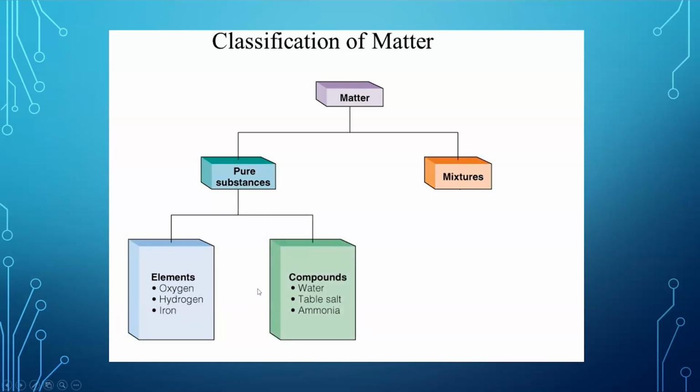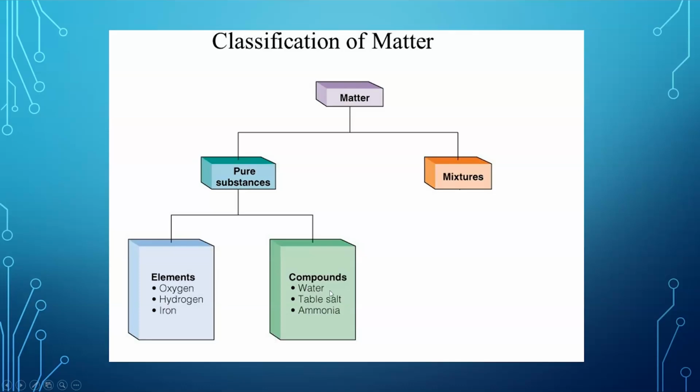You might be more surprised to know that chemical compounds like water or salt or ammonia are also considered pure substances. You might think, well, wait a minute, isn't water a mixture of hydrogen and oxygen? No, it's not. Water is actually made of only one kind of unit, and that is a molecule of water.